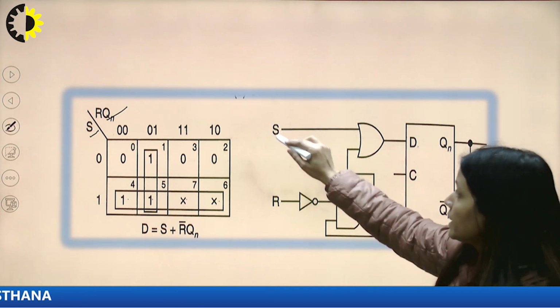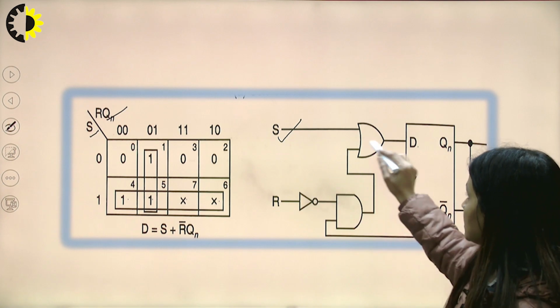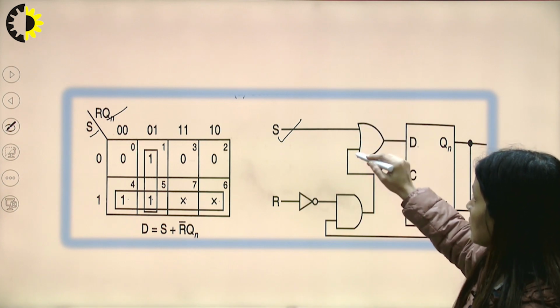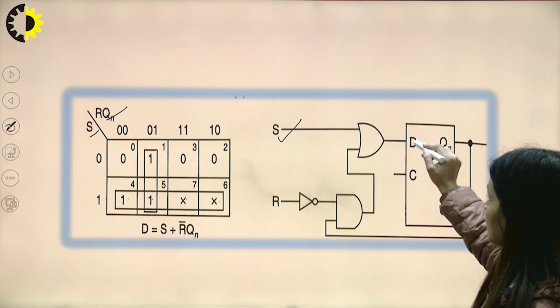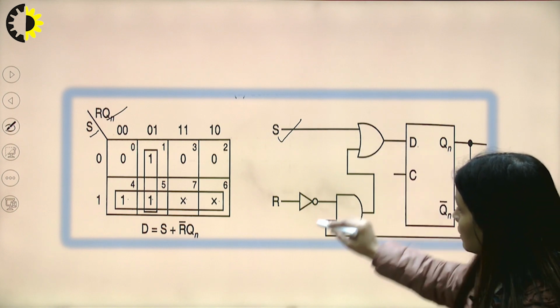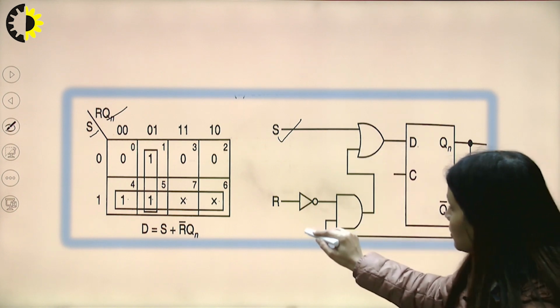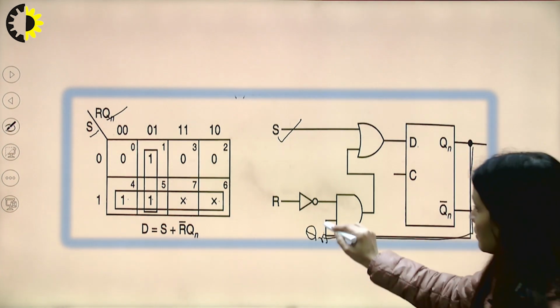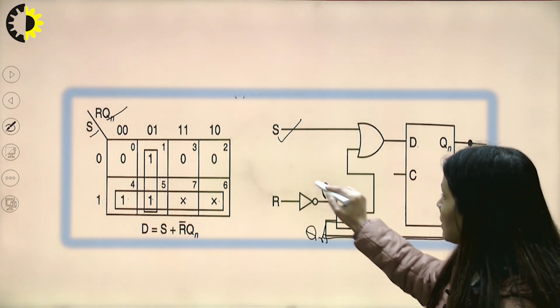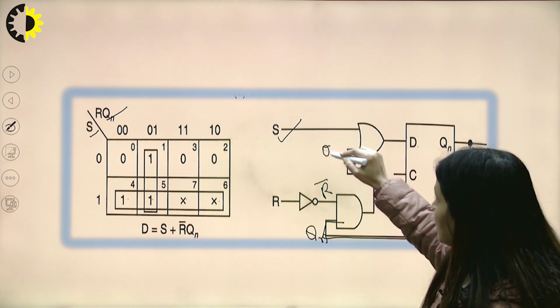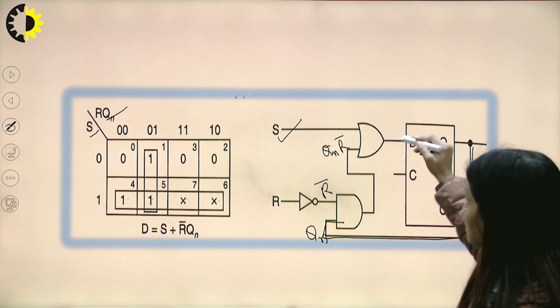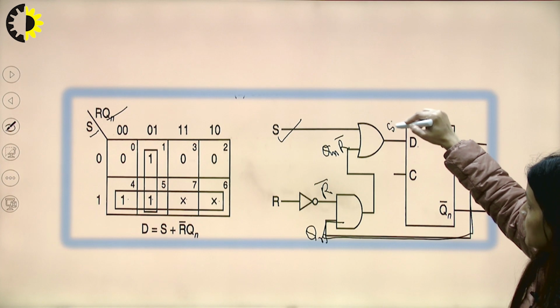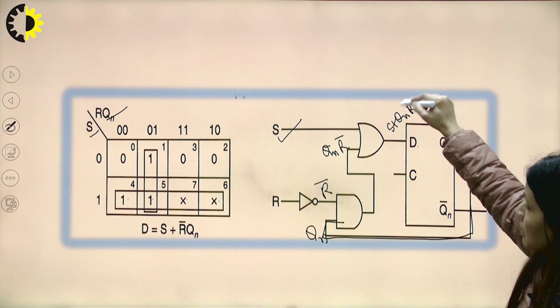Here S plus, here this is multiplied by Qn coming from here, Qn R bar, and here the input to D is S plus Qn R bar.